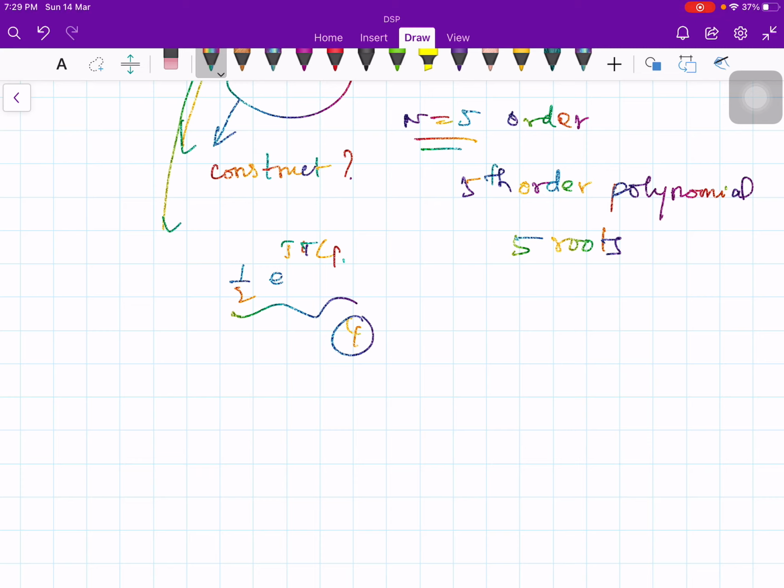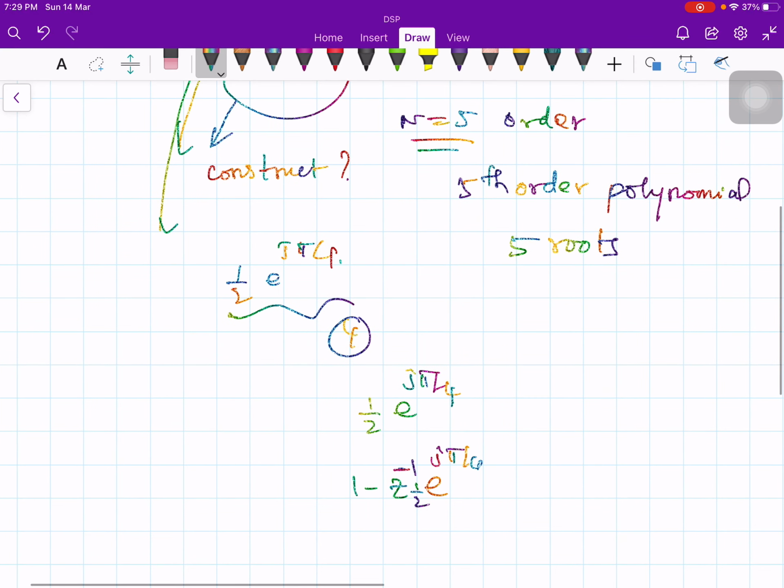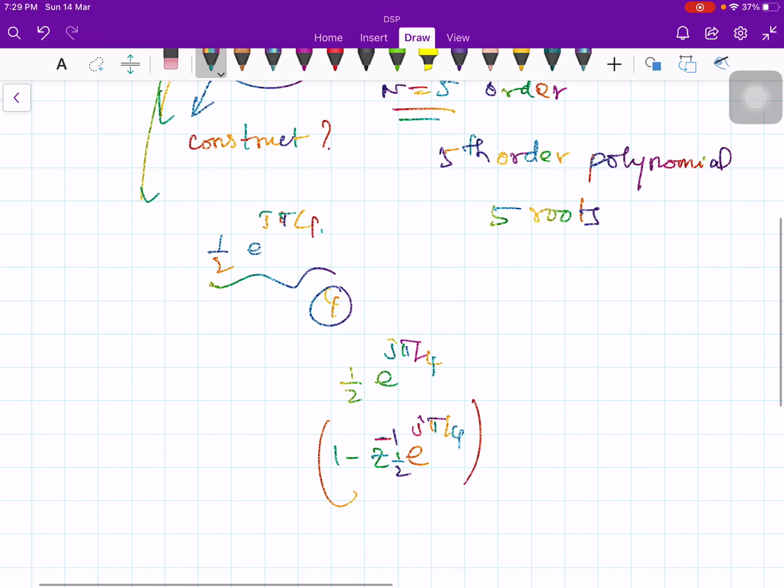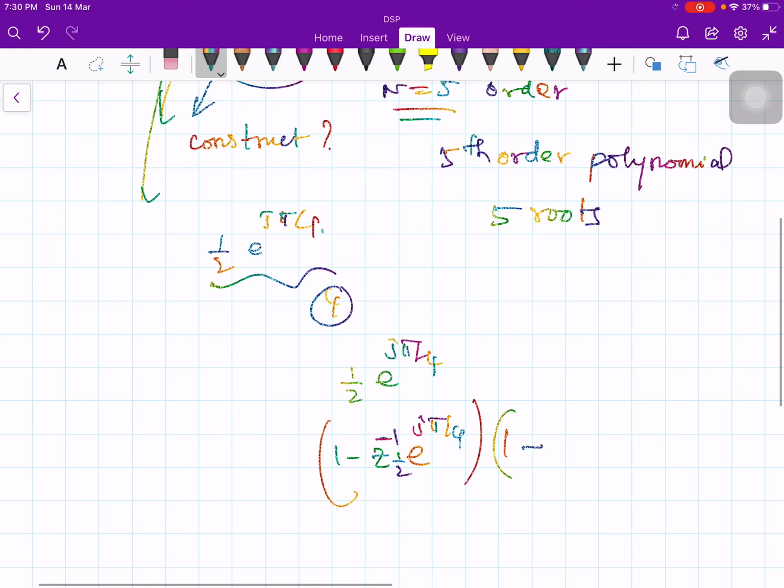Okay, if 1 by 2 e to the j times pi by 4 is one root, then 1 minus z inverse times 1 by 2 e to the j pi by 4 will be one factor. Okay, as one of the factors. Then you will have 1 minus z inverse times 1 by 2 e to the minus j pi by 4.